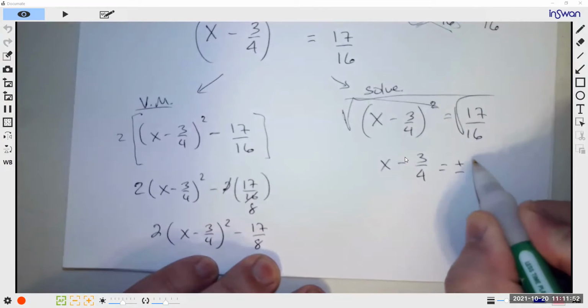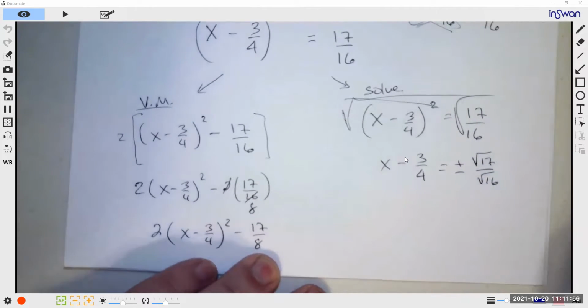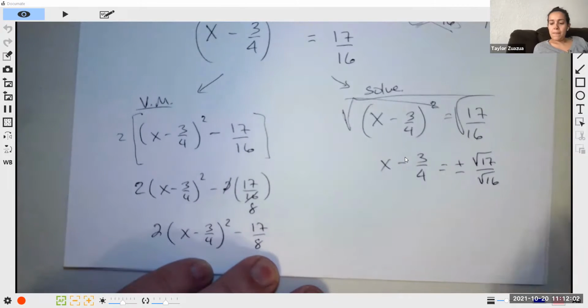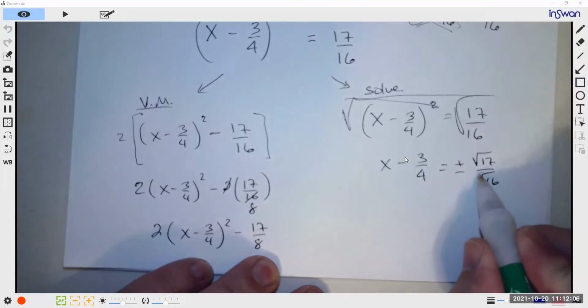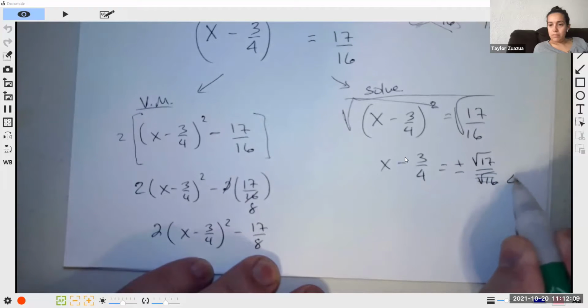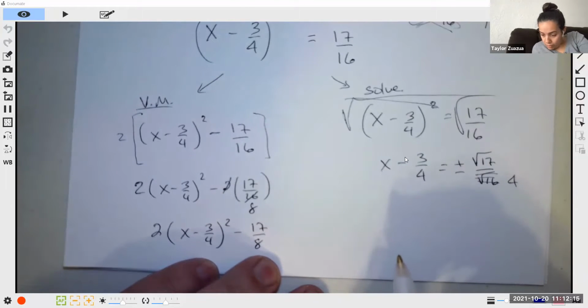Equals plus or minus the square root of 17 over the square root of 16. We can split those up. The square root of 16 is 4.